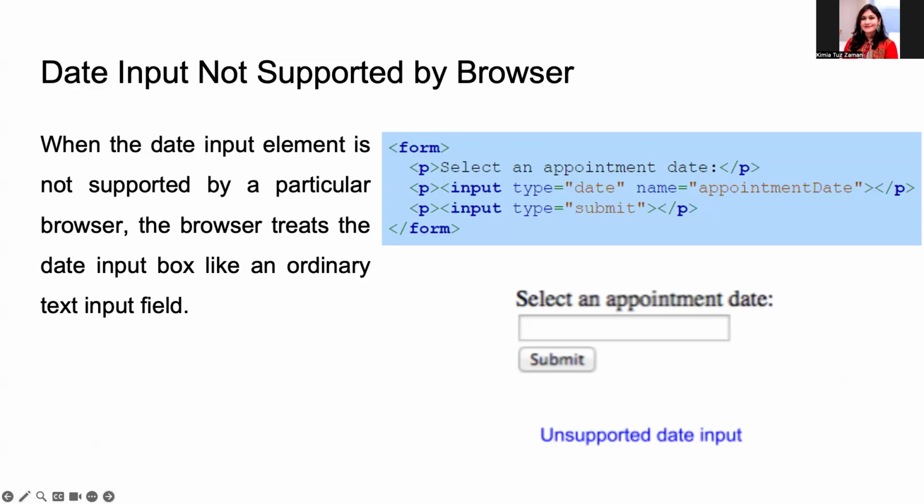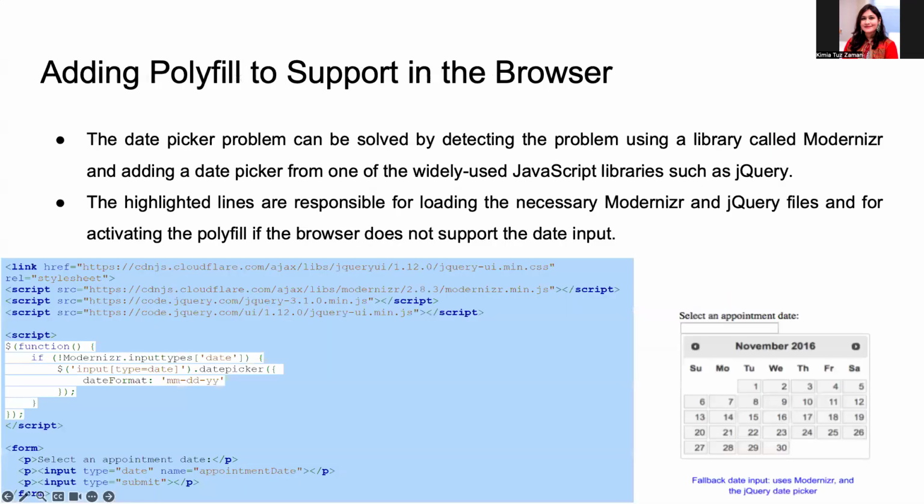That means the user can still type something in, but they won't get the convenient calendar pop-up. This example shows exactly that: the input type equal to date looks like an ordinary text box when the feature isn't supported. This is why we discussed fallbacks and polyfills earlier. They ensure that even in these cases, users still have a reliable way to enter valid data.